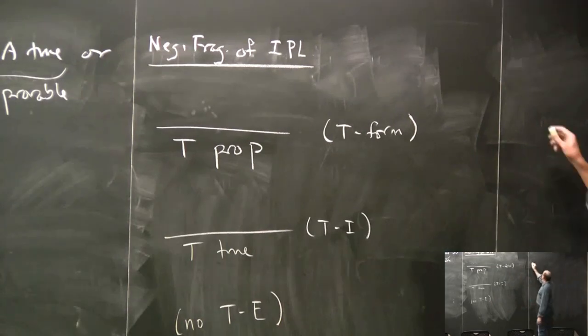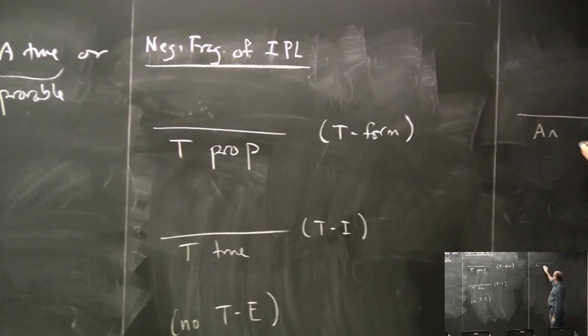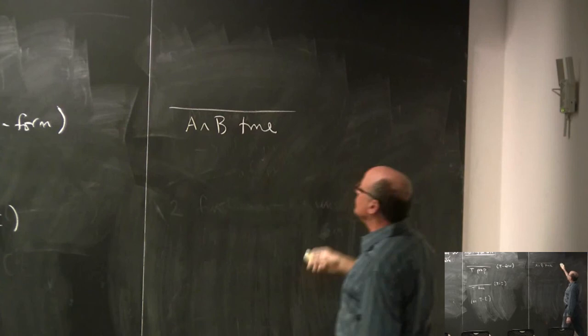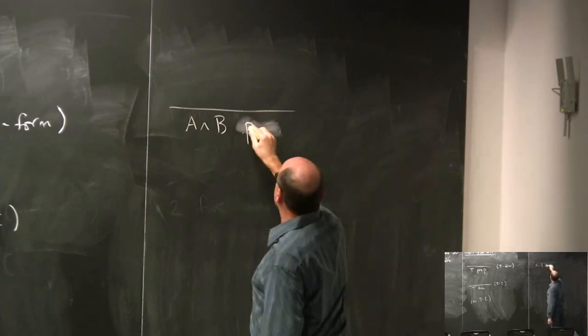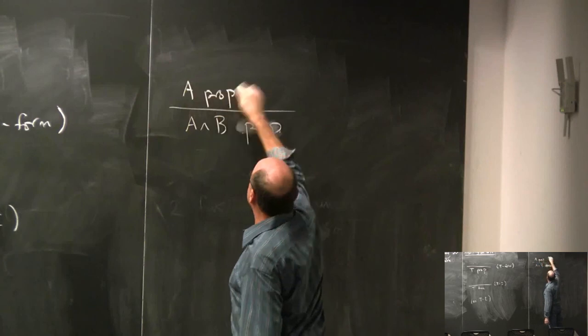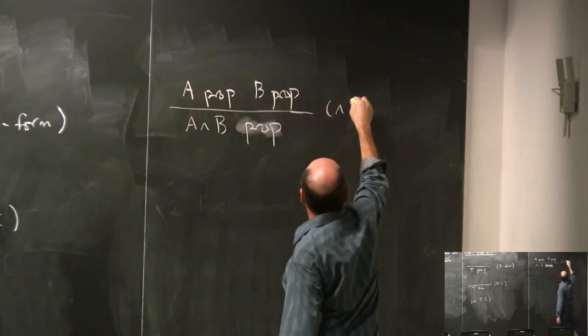So the second thing we could write down, and excuse me if you feel this is very boring, but I do have a point, so bear with me. We'll say A and B is a proposition, if A is a proposition and B is a proposition. This is conjunction formation.